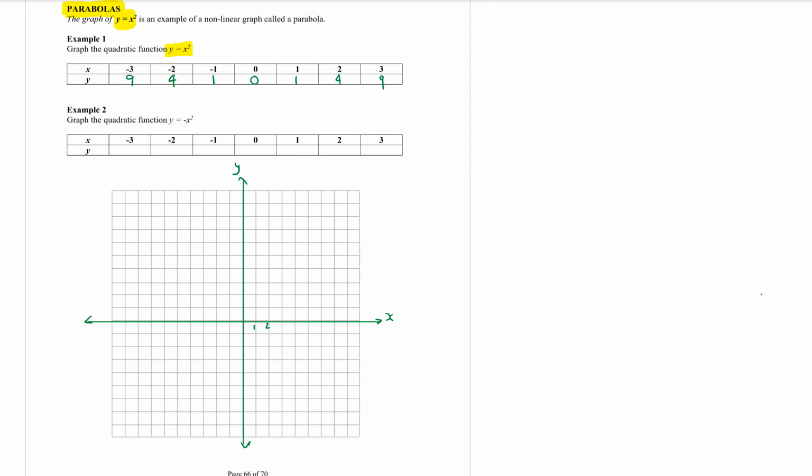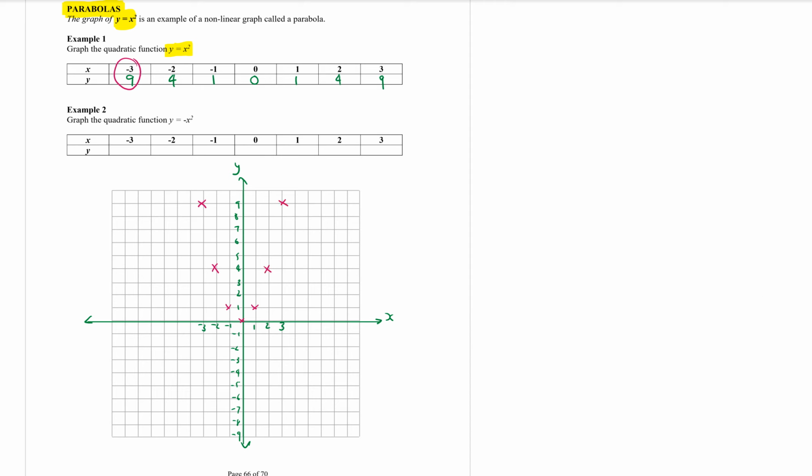So we're going 1, 2, 3, and -1, -2, -3, and positive values going up, negative values going down. Okay, so for this first one, our first point was -3, so -3 up to 9. -2, 4, -1, 1, 0, 0, 1, 1, 2, 4, and 3, 9.